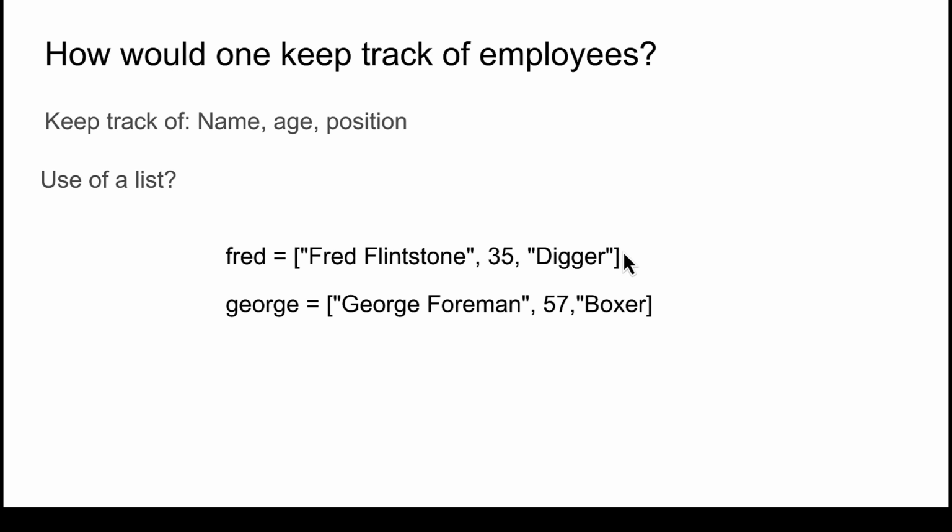So before we get into the details, let's take a look at a way that we're able to utilize this with our existing knowledge. One way to keep track of employees is to use a list, and this definitely works: we have a username here, and then we have a list of information pertaining to the user.